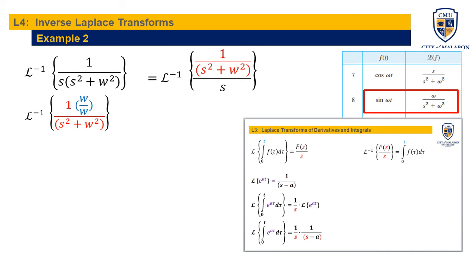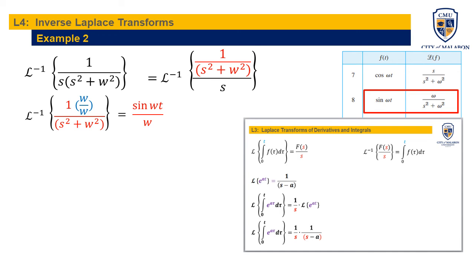So, para ma-solve natin yan, nag-introduce ako ng 1 sa numerator. So, that's omega over omega. Pwede tayo mag-introduce ng 1 sa numerator natin dahil it will not change yung ating fraction.